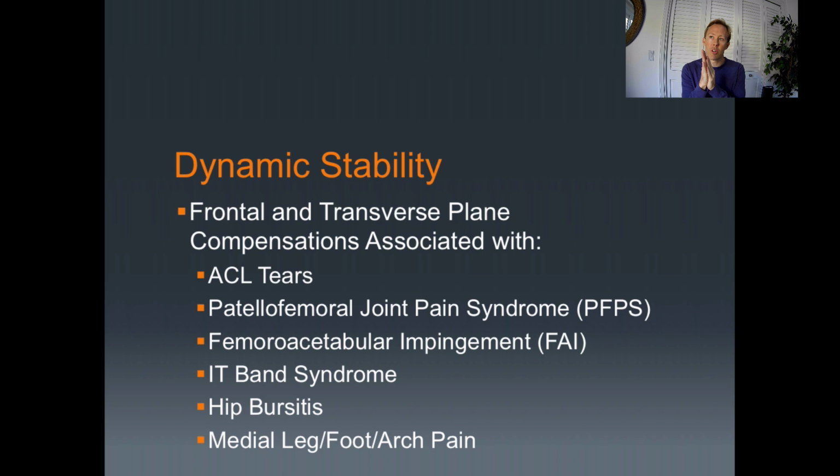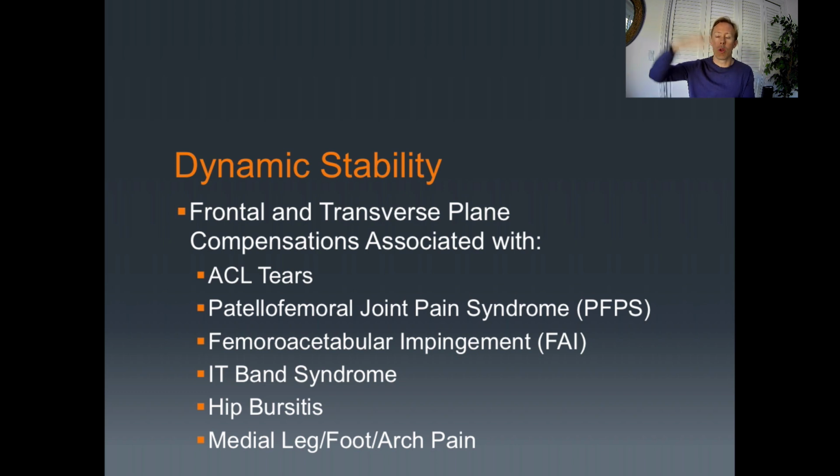Remember we saw the picture of the girl where she showed all that pronation? That sort of movement pattern applies stress to the medial lower leg and can predispose someone to issues down there as well. So just all these things throughout the kinetic chain. And I didn't put low back pain in here, but you see that in some people.